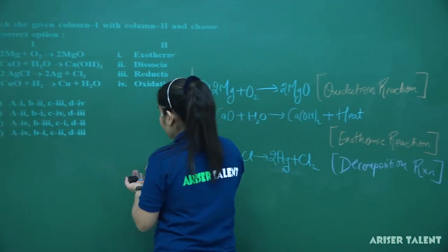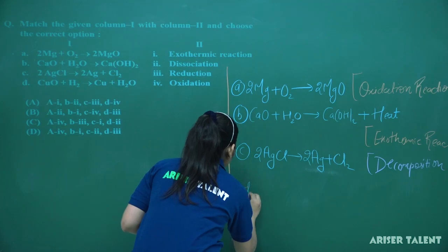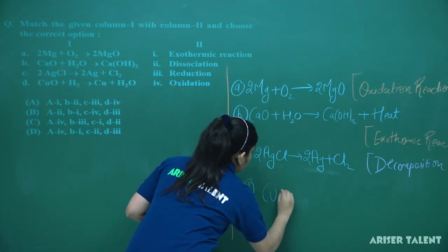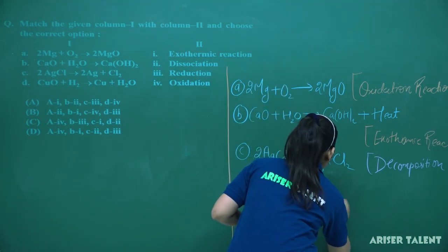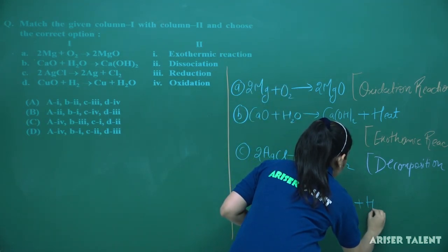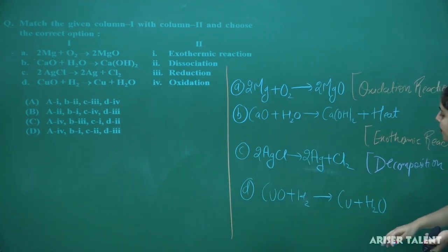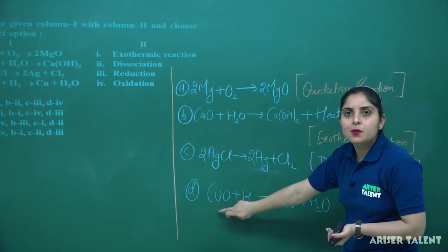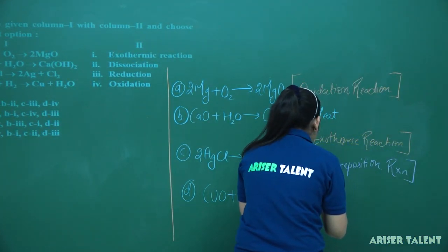Now the last equation is CuO plus H2 gives Cu plus H2O. So in this case what has happened? Oxygen is removed from copper oxide. So the removal of oxygen is termed as a reduction reaction.